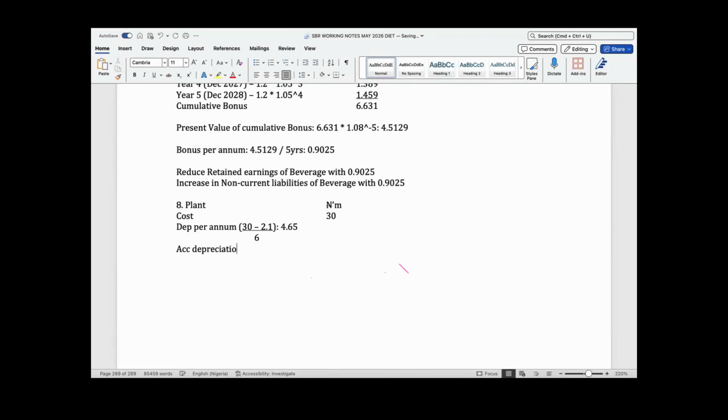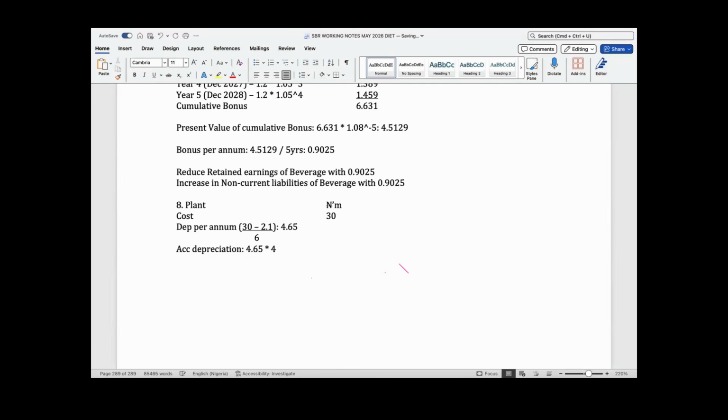So accumulated depreciation is 4.65 times 3, times 4, because this covers 2021, 2022, 2023, and 2024. So how much is that?